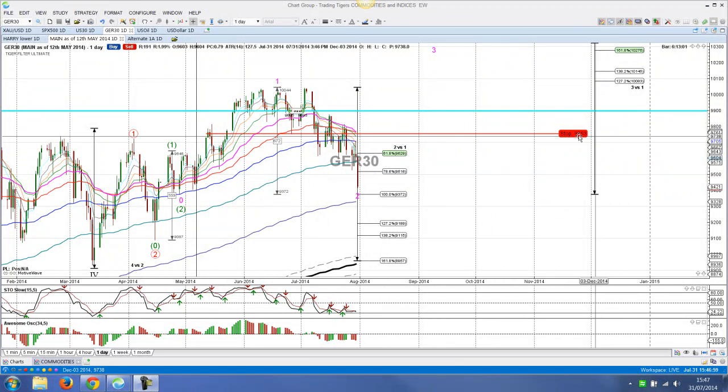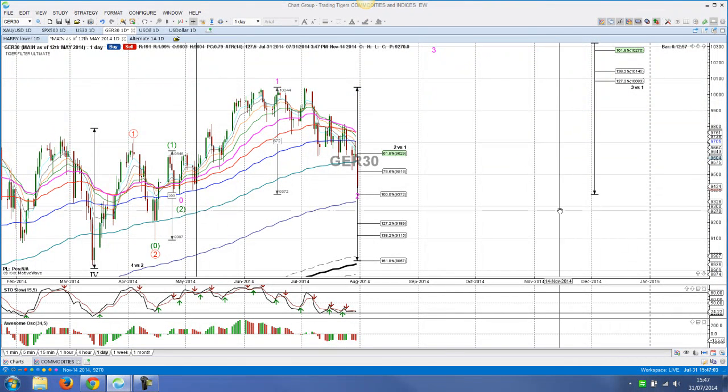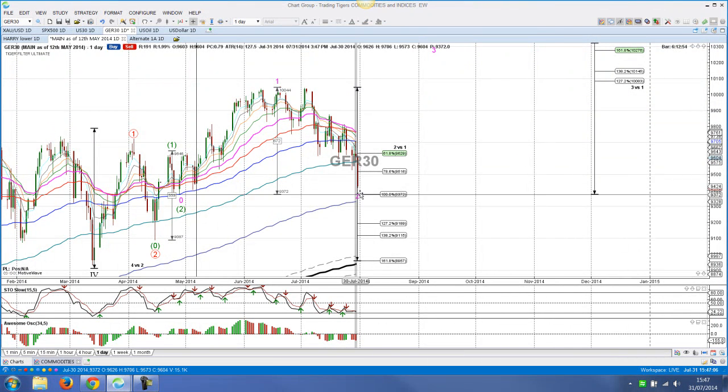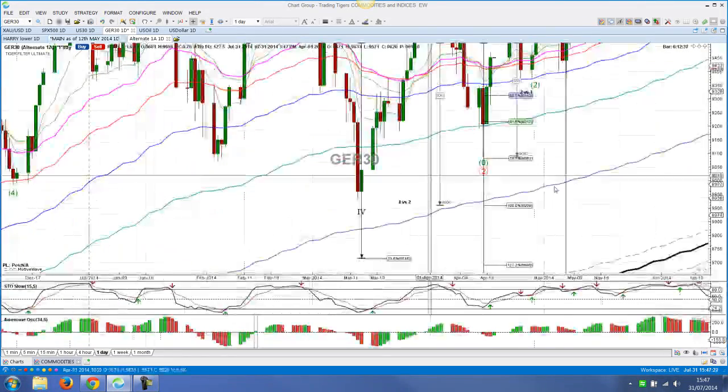Could be an opportunity to take a long position on this, and that will be quite significant. So let's just see what happens in the close play of this candle. As you can see, look at our SSD, it's heading down below the oversold area. Let's move on now to the alternative count.